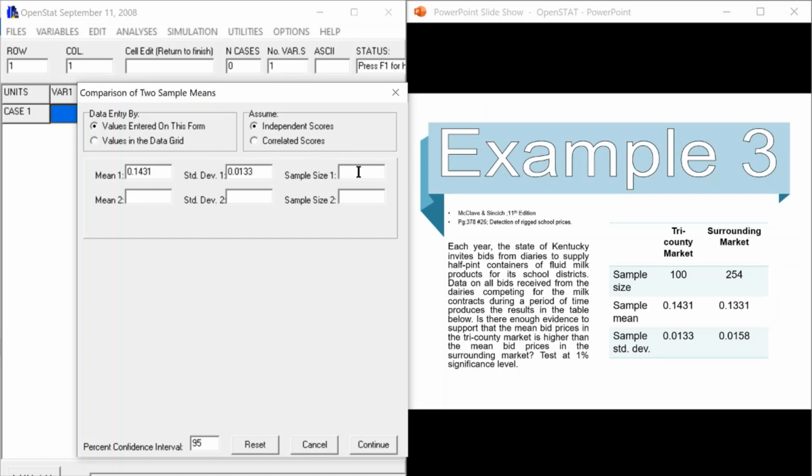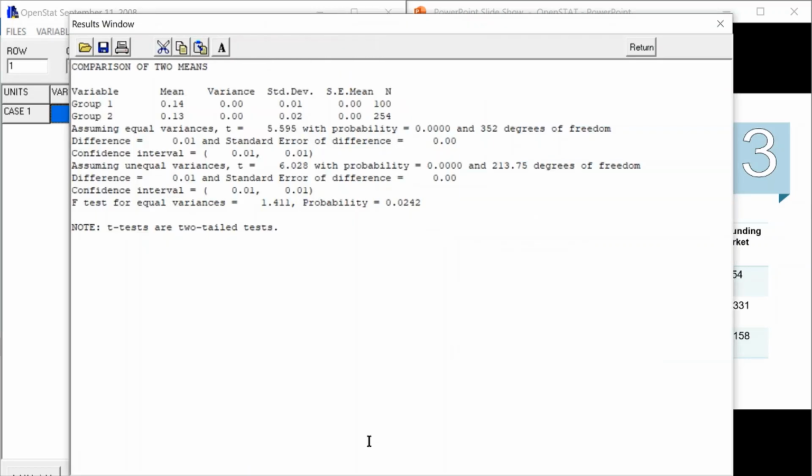Sample size is 100. The second sample, the mean is 0.1331. Sample standard deviation is 0.0158. Sample size is 254. Press continue. That is the result that you will get.